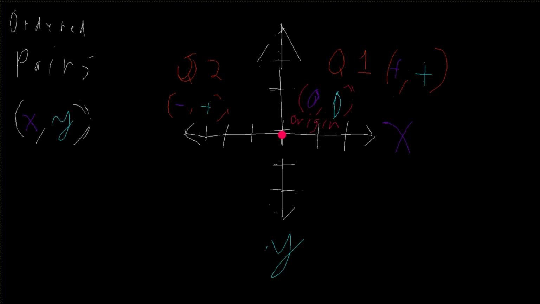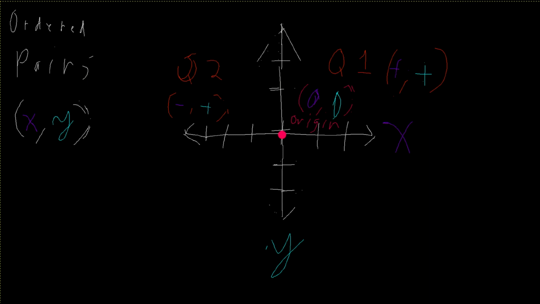Now let's talk about why this is the case. Again, if we start at our origin, right here in the middle, when I move to the left for my x values, I'm moving towards negative values. But if I start at my origin and I move up, I'm moving towards more positive y values. So anything in quadrant 2 is going to have a negative x coordinate and a positive y coordinate.